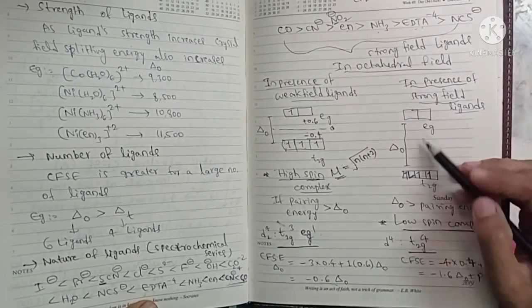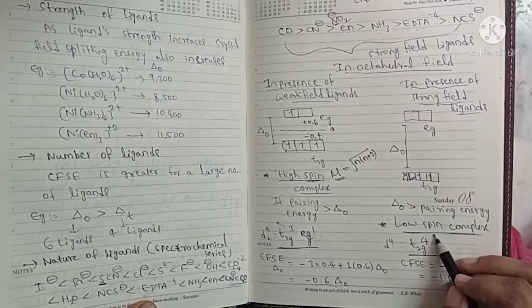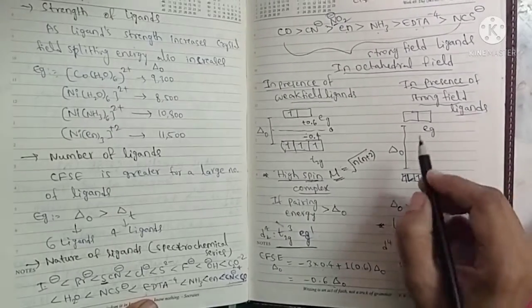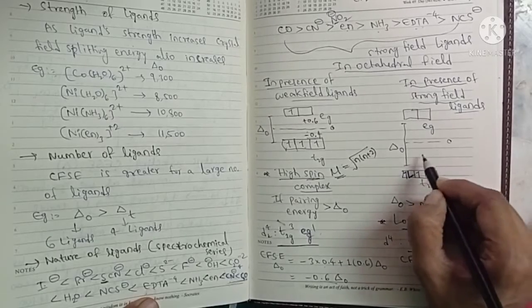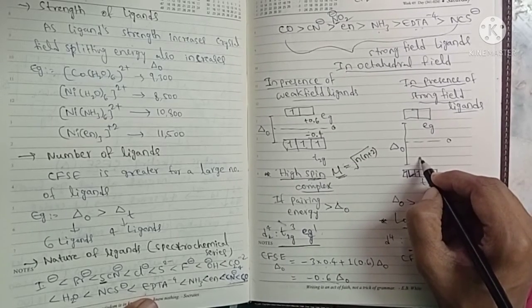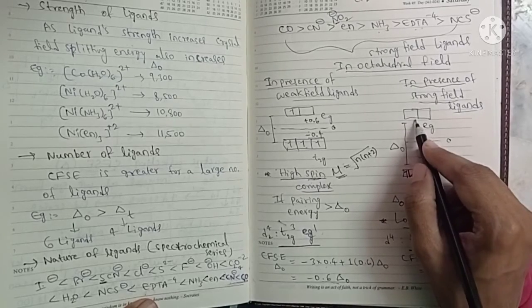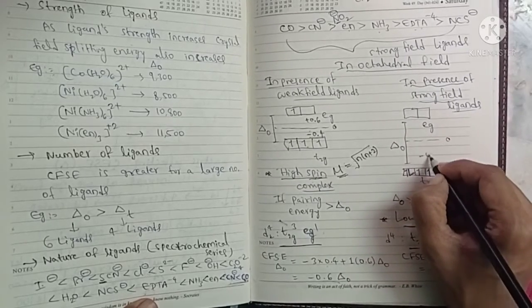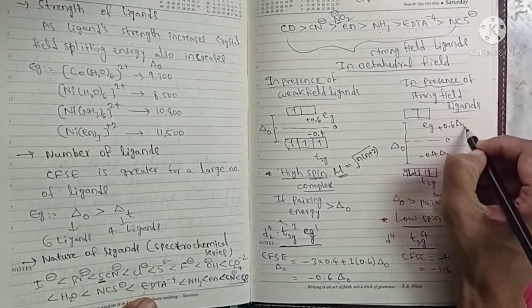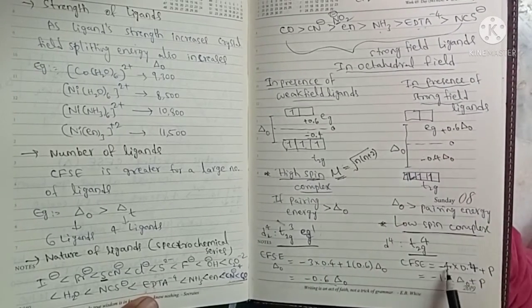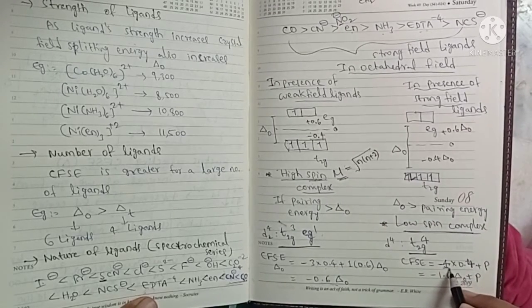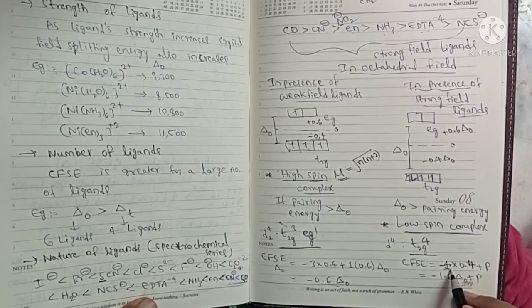When we take a low spin complex, the calculation of CFSE is as follows. This is the 0 level, here minus 0.4 and here plus 0.6 delta O. So minus 0.4 into the number of t2g electrons, 4, so minus 4 into 0.4.